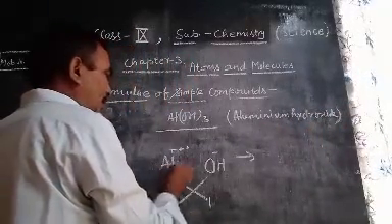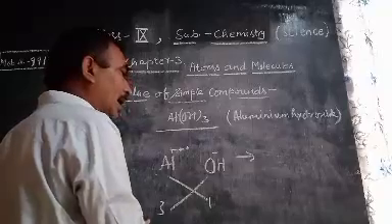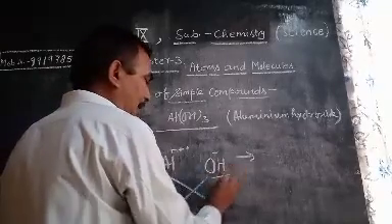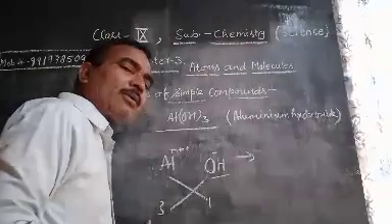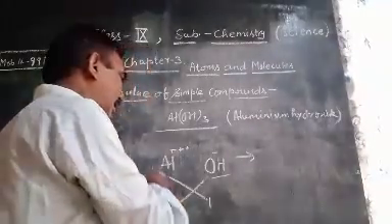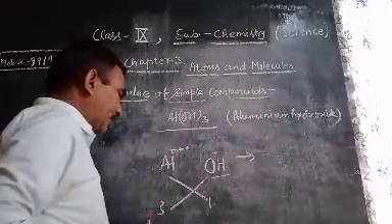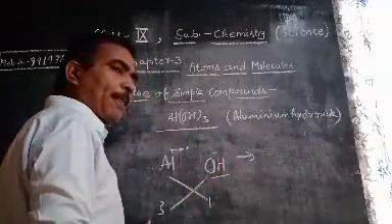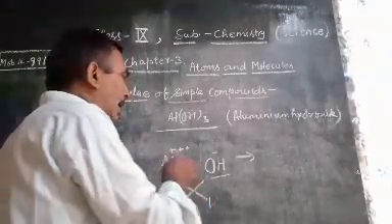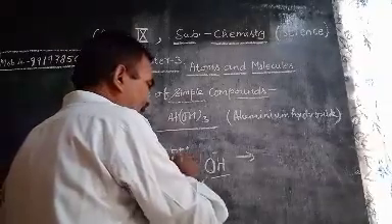Valency of aluminium ion is 3 and hydroxyl ion is 1. It is called hydroxyl ion, HYDROXYL, and it is aluminium ion. Now you have taken LCM of 3 and 1.